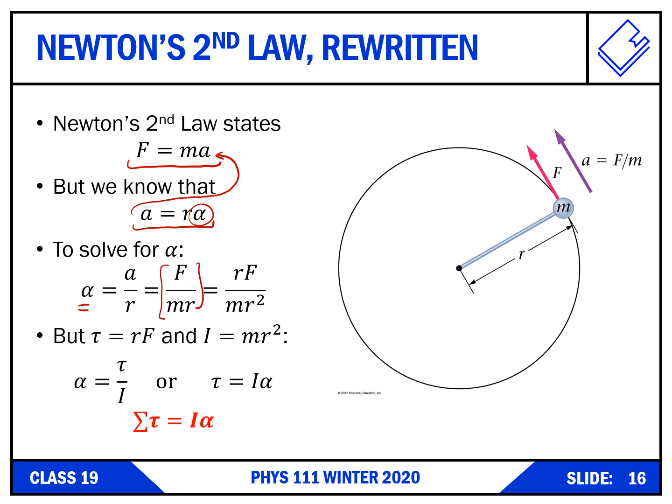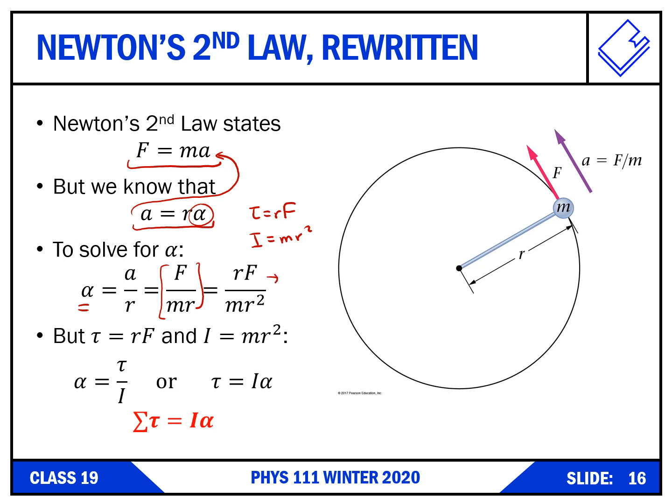And in order to make things a little bit easier, we can think about how we know that tau, or torque, is already equal to Rf, and that moment of inertia is equal to mr squared. If we wanted to, we could just multiply the top and bottom by r over r, and we get Rf over mr squared.